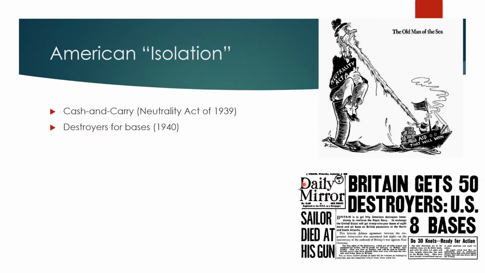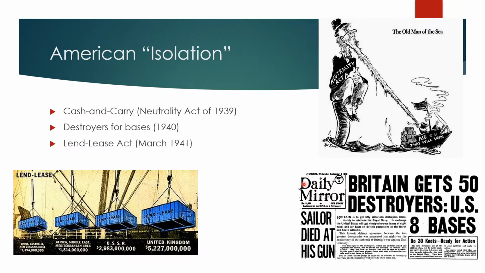In 1940, the U.S. and Britain make this deal: destroyers for bases. The U.S. gave destroyers to the British, and the British gave the U.S. access to eight naval bases in the Caribbean.